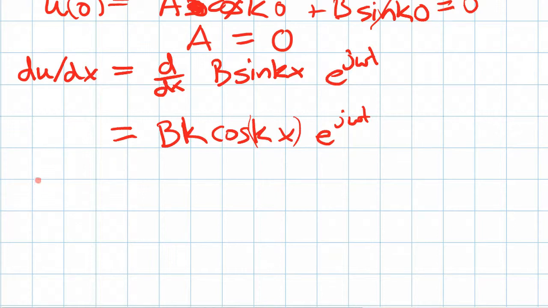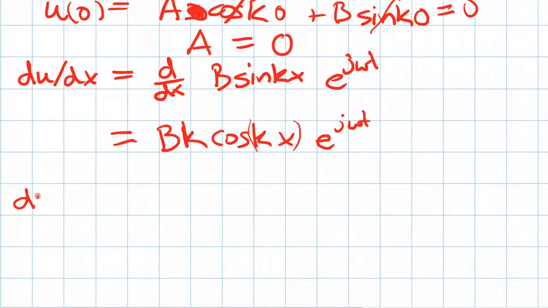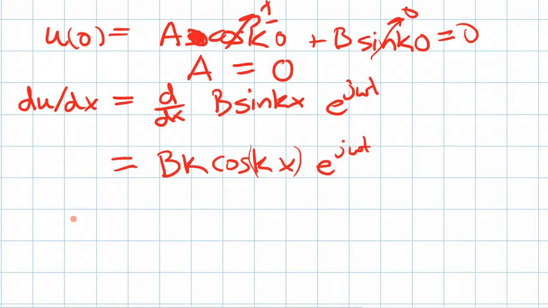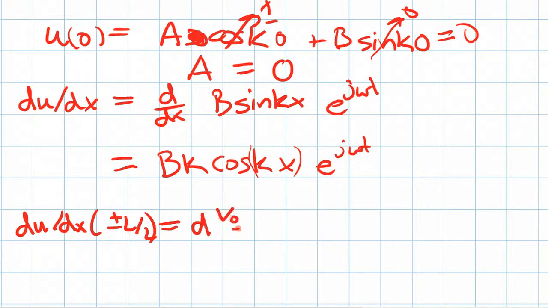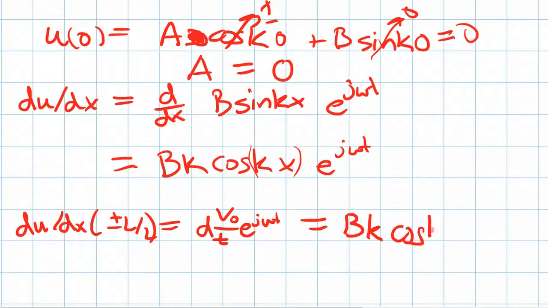Then we apply the condition. The derivative of u with respect to x at plus or minus L/2 is equal to d V0 over t, times e^(jωt), and this equals B k cosine(k·(plus or minus L/2)).